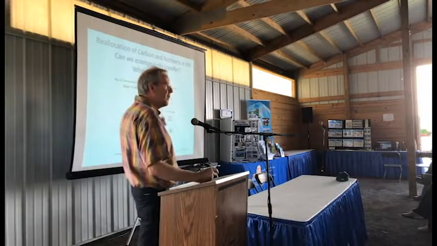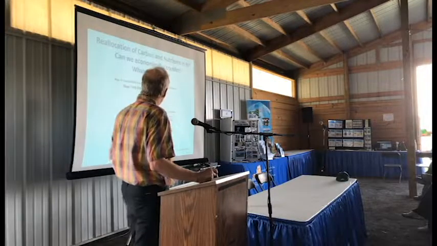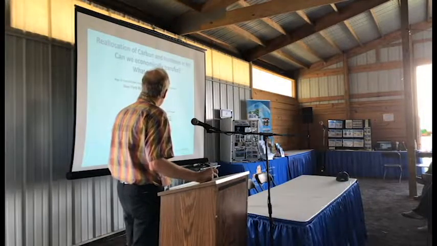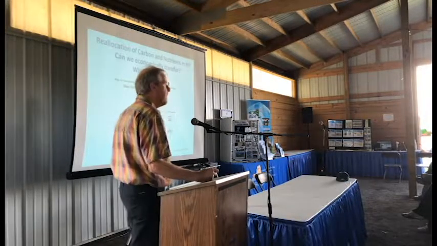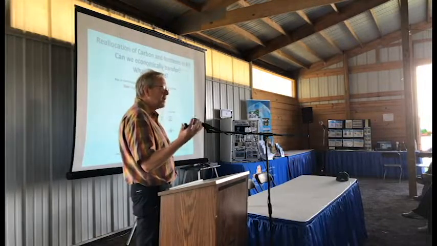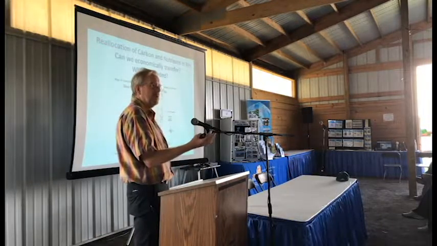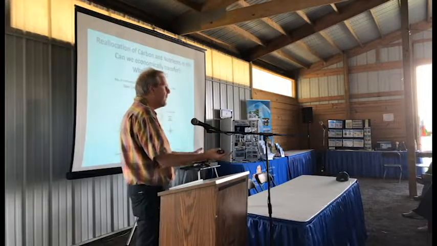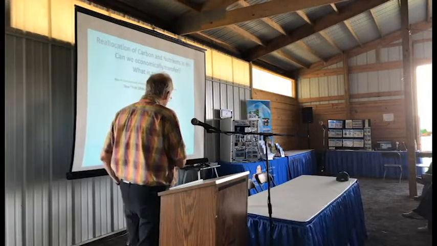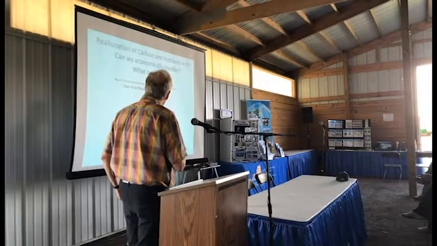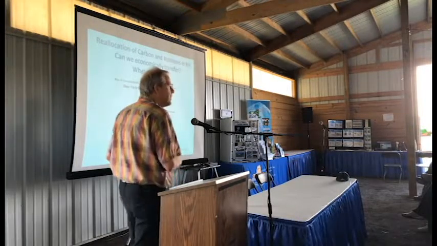Here are the CAFOs in New York, a map from the DEC, large and medium-sized CAFOs. These farms tend to already have quite a bit of carbon and nutrients, in some cases too much. And they're often interspersed with processing vegetables or cash grain operations.